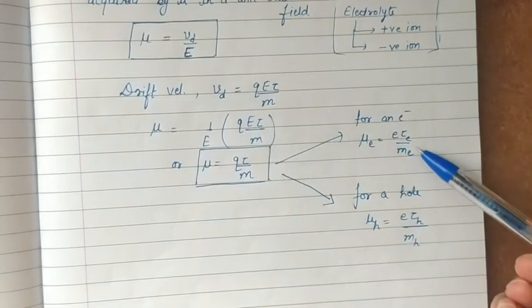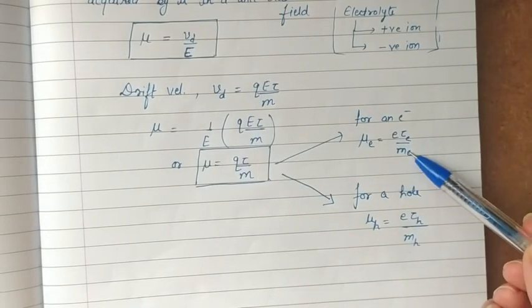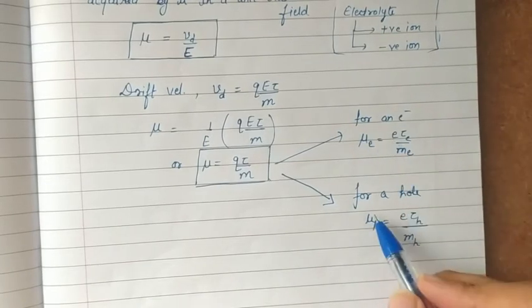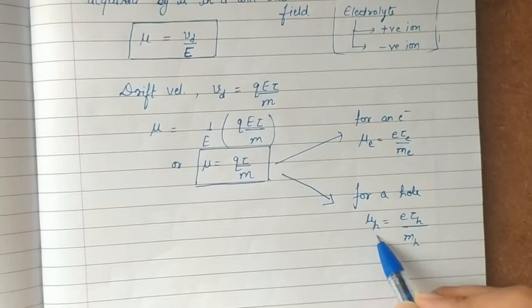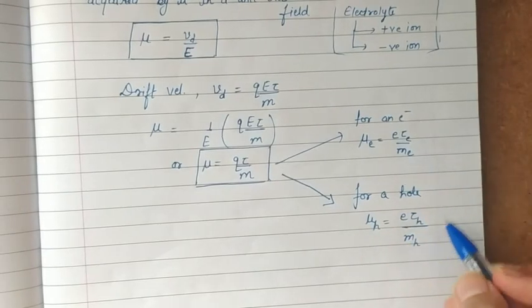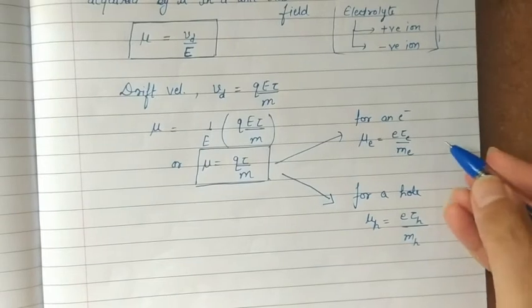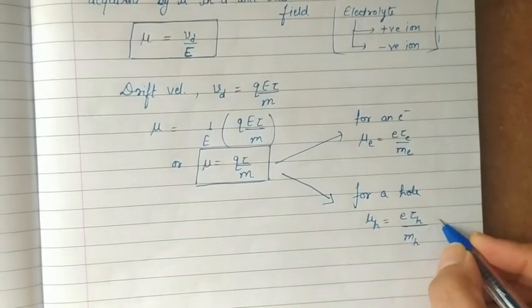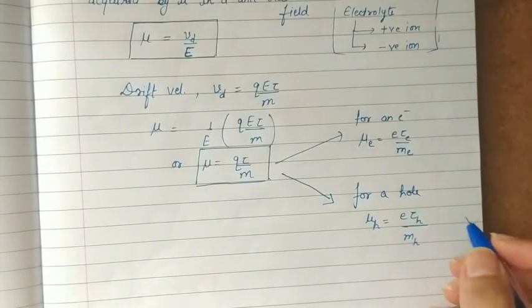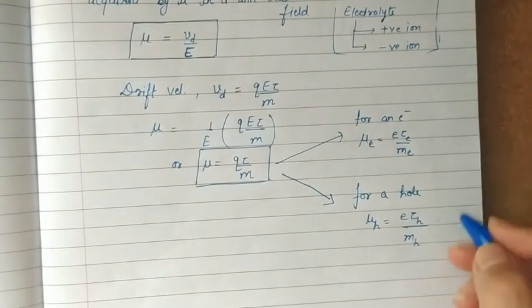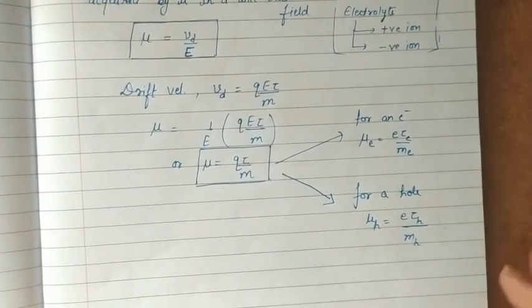Means the directions of drift velocity of the two are opposite, but mobility doesn't depend on the direction of the velocity. So the mobility of both charge carriers always remains positive. If we calculate mobility for electrons or for holes, we will get a positive answer, while the drift velocities of both are opposite to each other.